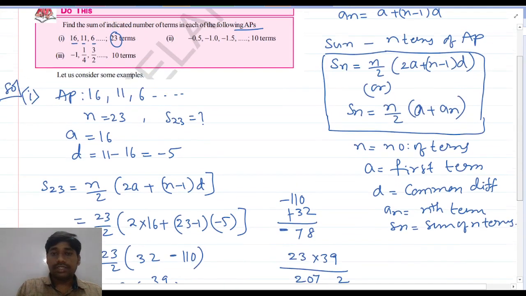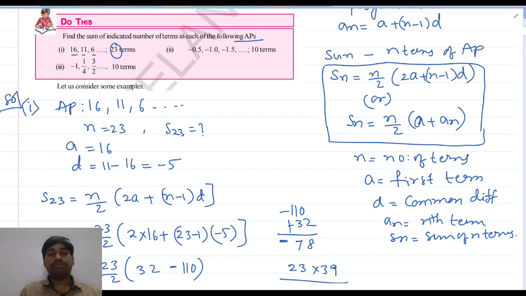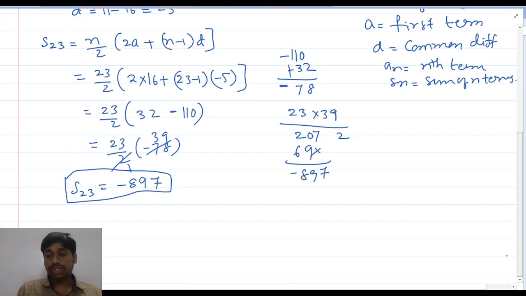Okay, next question. The AP is minus 0.5, minus 1.0, minus 1.5 and so on, and we need 10 terms. Okay, my dear students, let us see.